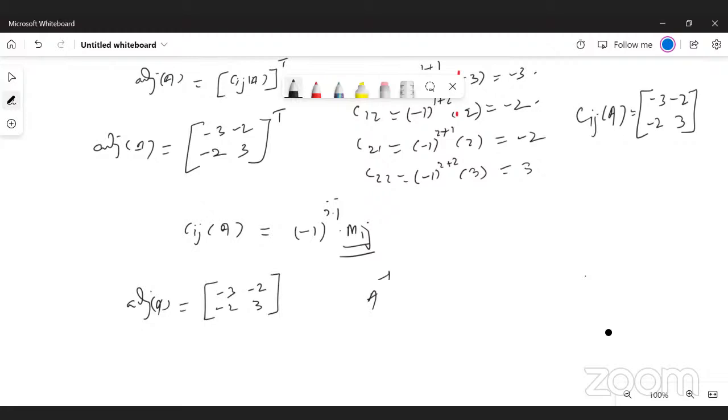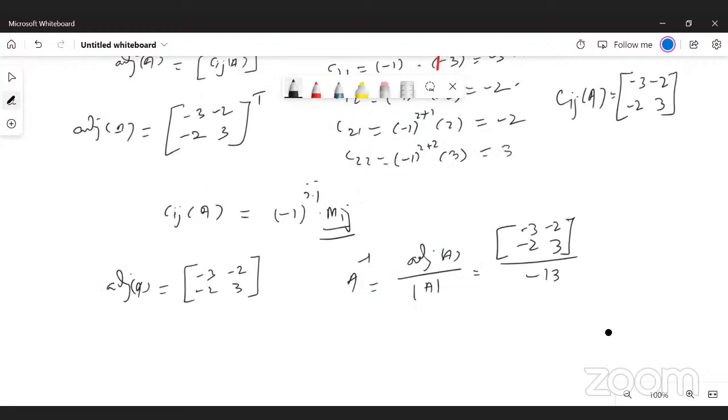A inverse is adjoint of A divided by determinant of A. The adjoint we have taken out is -3, -2 and 3, and we divide it by the determinant, which is -13. Now we have to take the case 1 by 13. It is better for us, then it will be 3, 2, 2, -3.